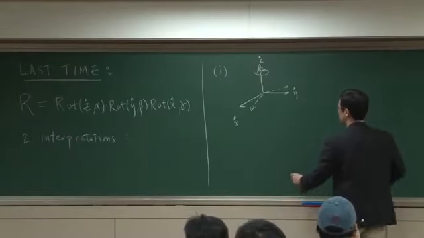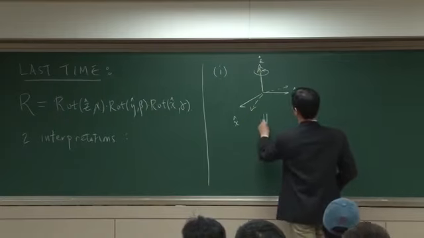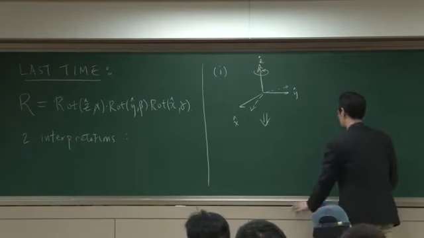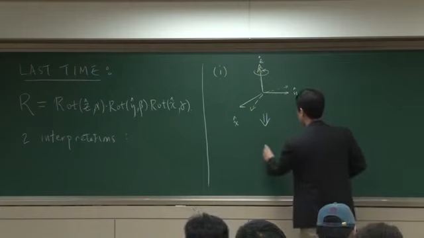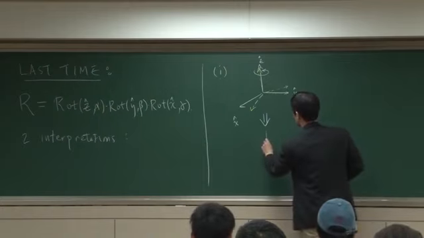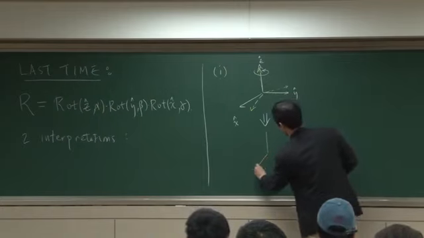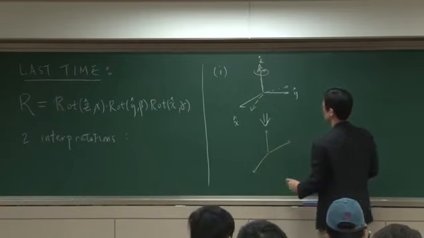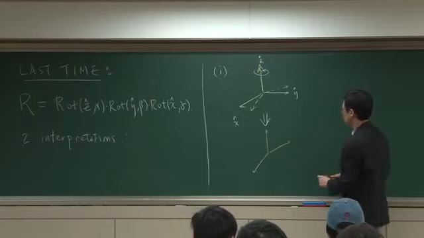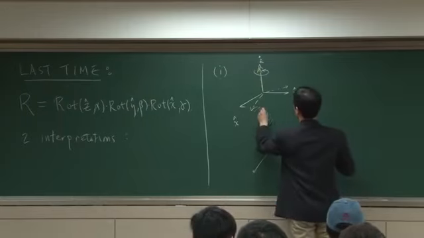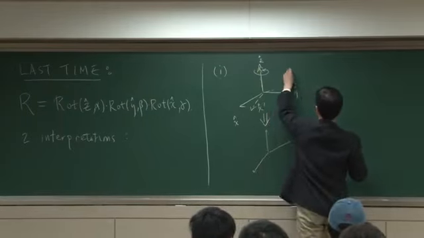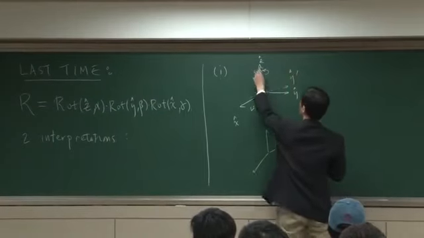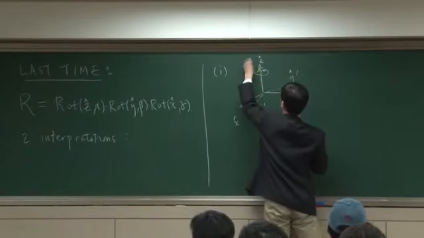And then in the next step, we now rotate this yellow frame. Let's call this x hat prime, y hat prime, and this is z hat prime.